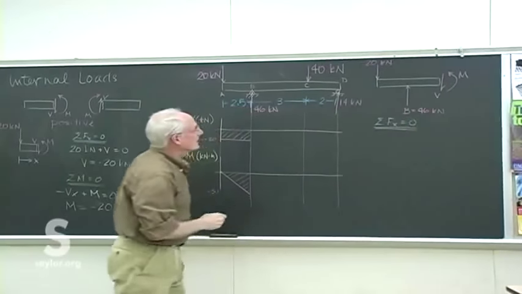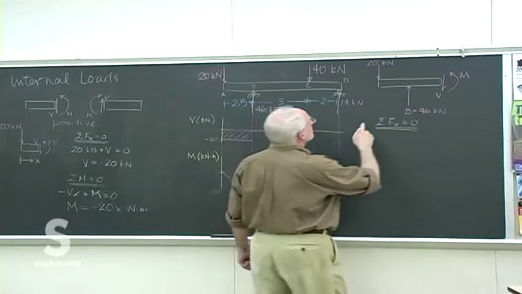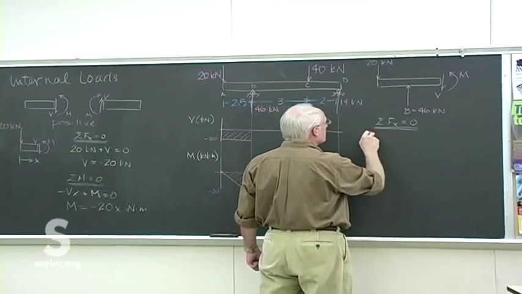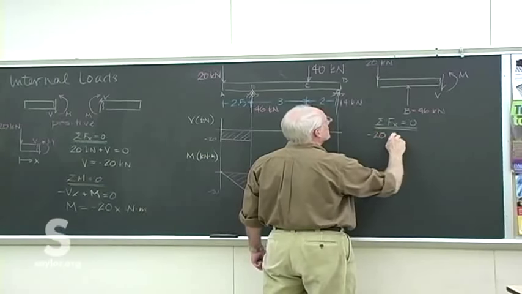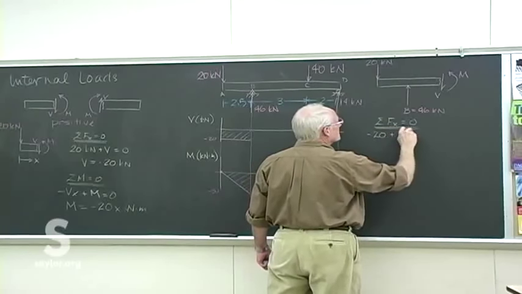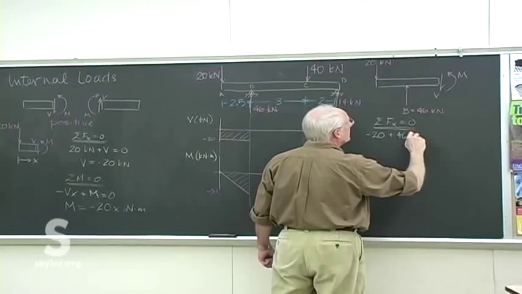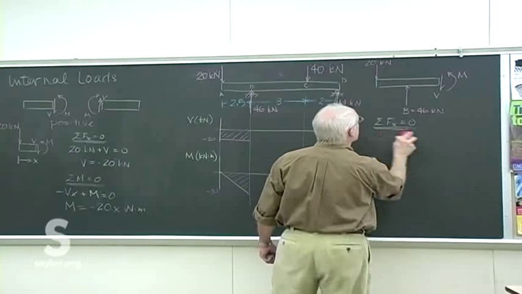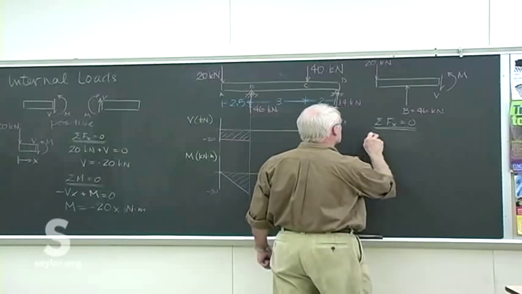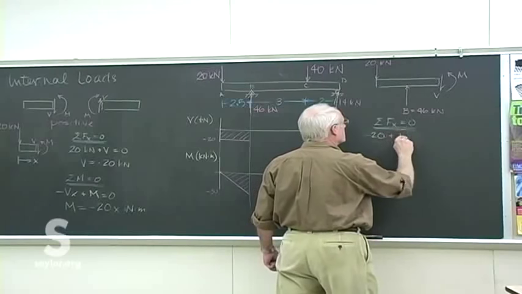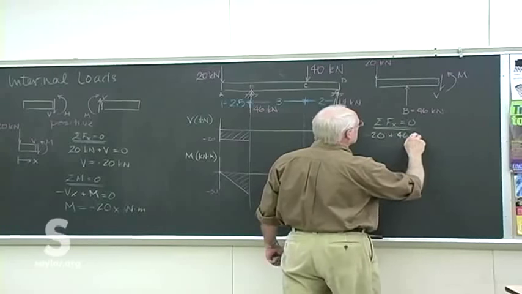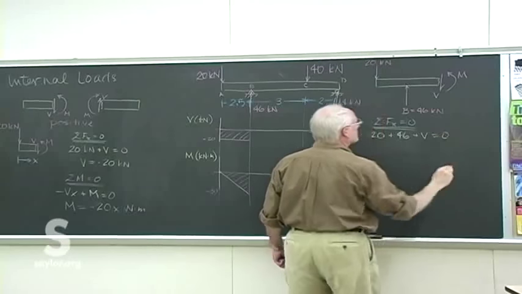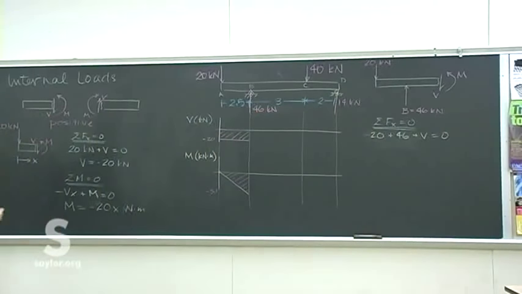So summing for the shear there, the internal shear, we've got 20 down, 46 up, and plus V.